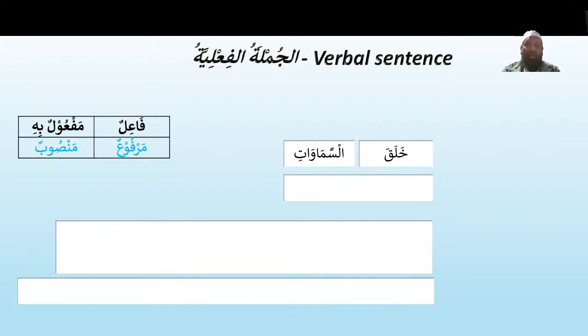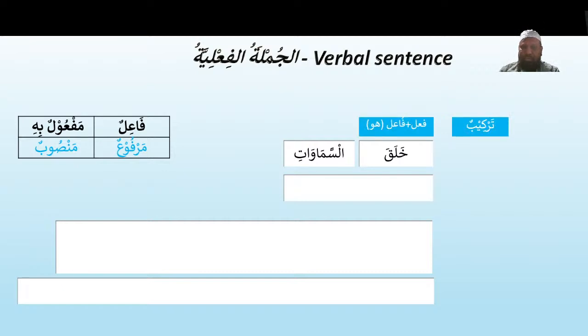Because samawat is jam'u muannath salim. It is having a kasra. And we've learned jama muannath salim in mansub case has a kasra.